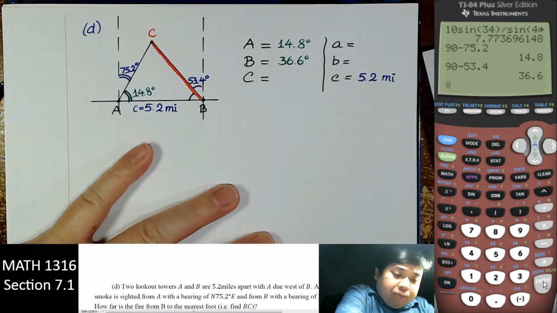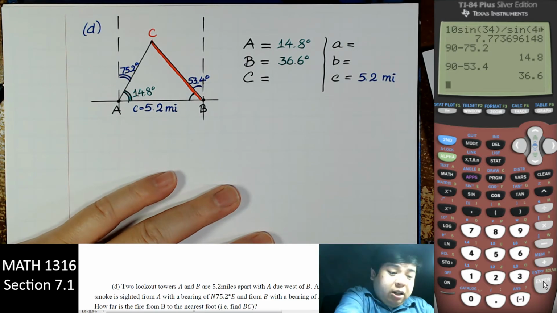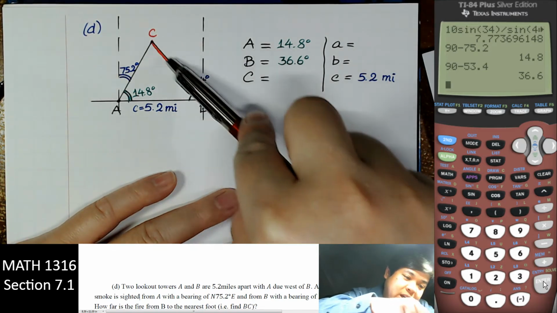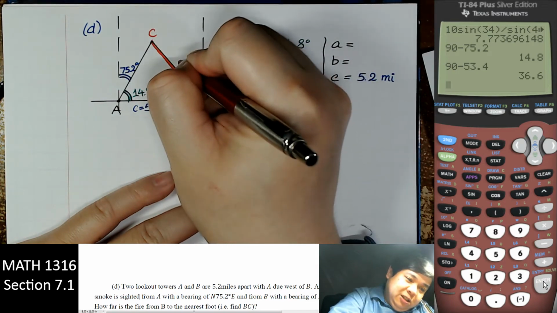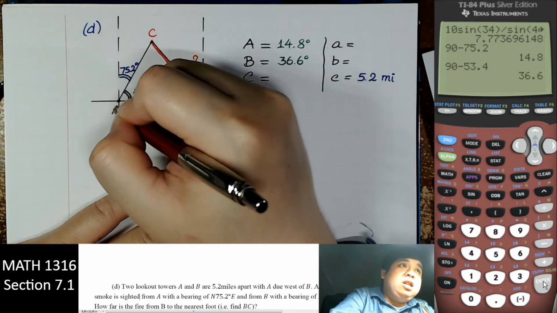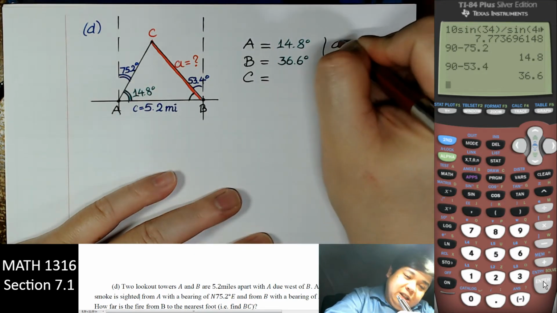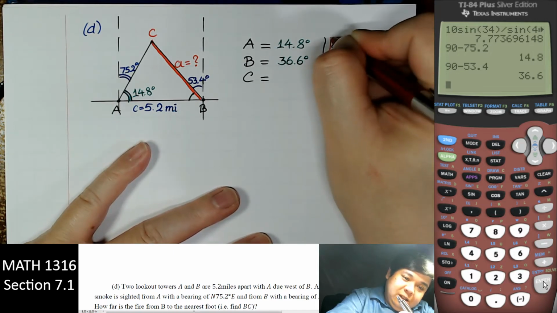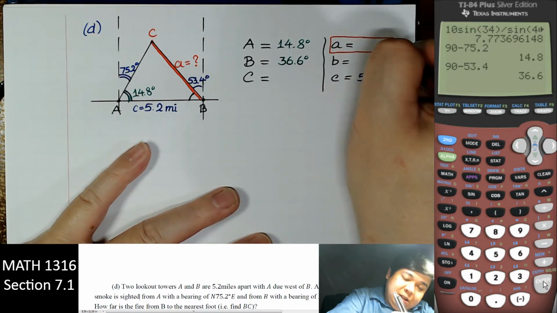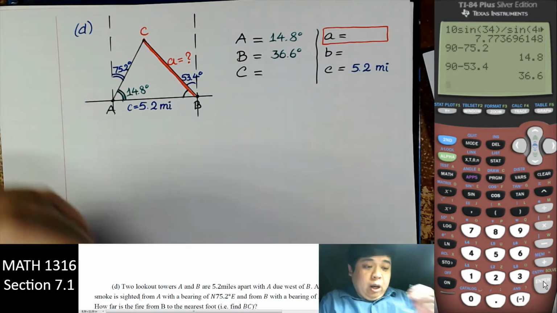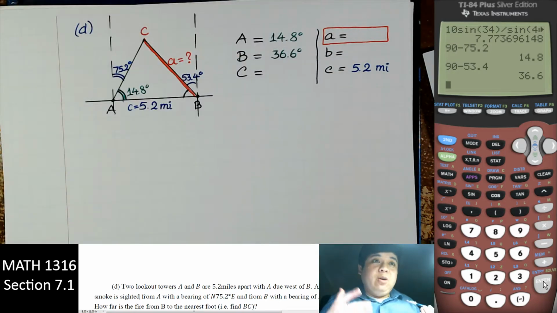That's what is given. The question is to find BC, meaning that we need to know little a, because that is opposite to angle A. So we only need to find this here. We don't have a pair of opposite side and angle directly.